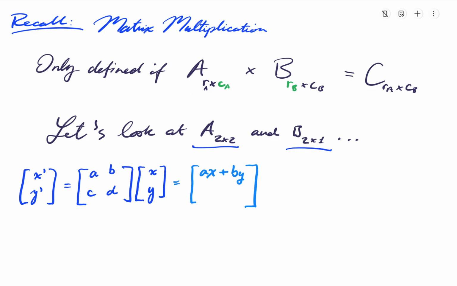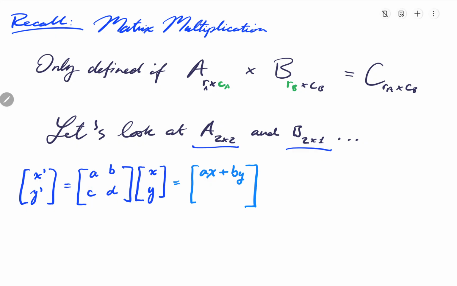Okay, so since now we're done multiplying the first row by the column, we're going to move on to multiplying the second row by the column. So in the same way, we get the first number in our second row times the first number in our first column.